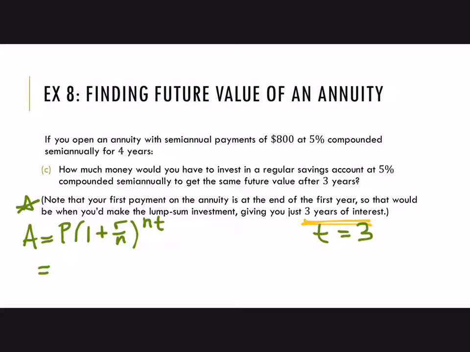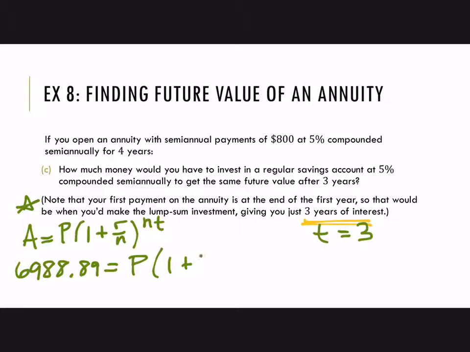Actually, I think we're looking for the principal here. We want to get the same future value, so we need to substitute in the same future value, $6,988.89.